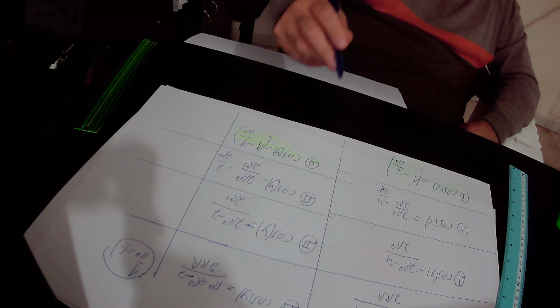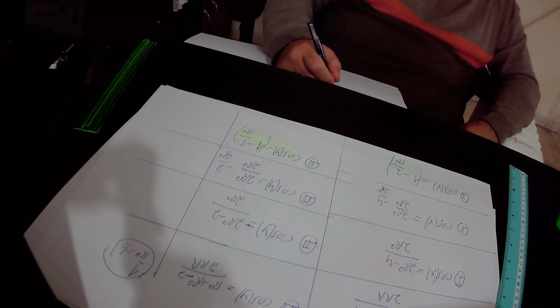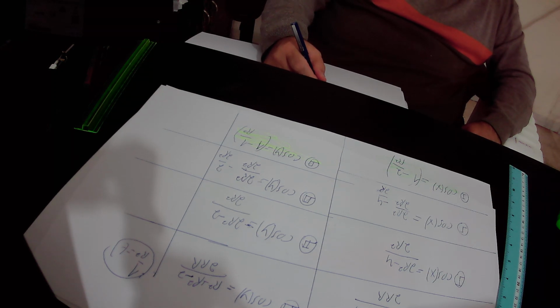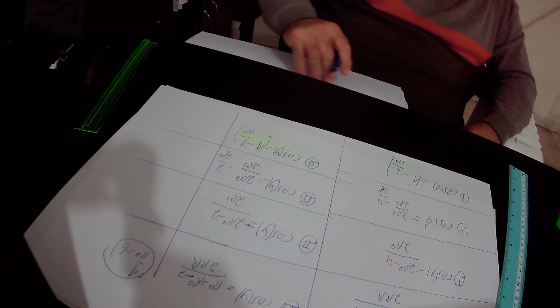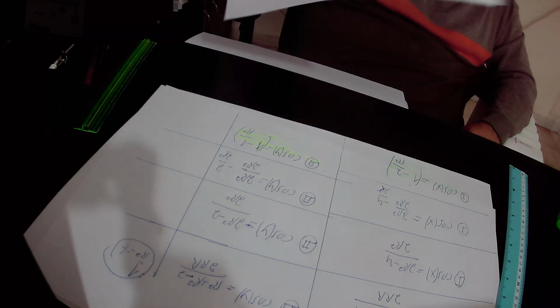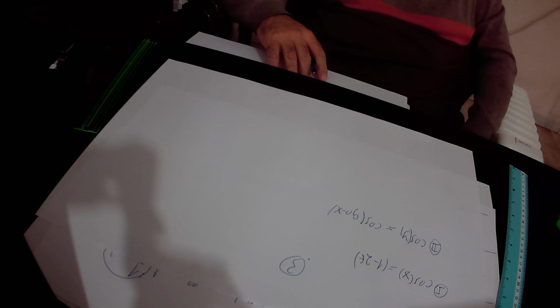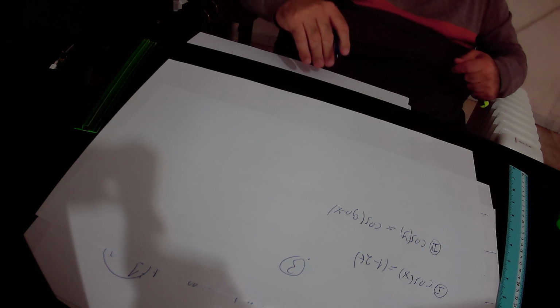So cosine y equals cosine of y, and y is 90 degrees minus x. So we substitute y by 90 degrees minus x. So here cosine y equals cosine of 90 degrees minus x, because y equals 90 degrees minus x.